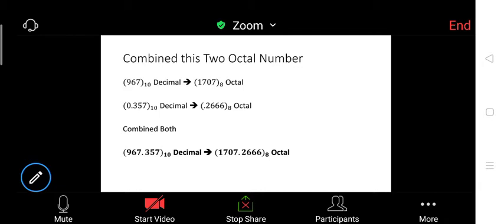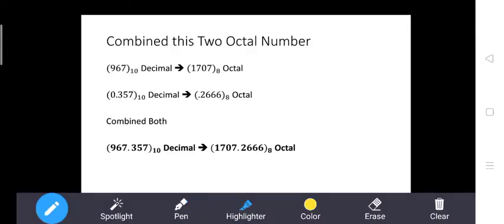For 967 decimal, I get octal number 1707. For 0.357 decimal, I get octal number 0.266. So my final answer is 1707.266 octal. I hope you understand.